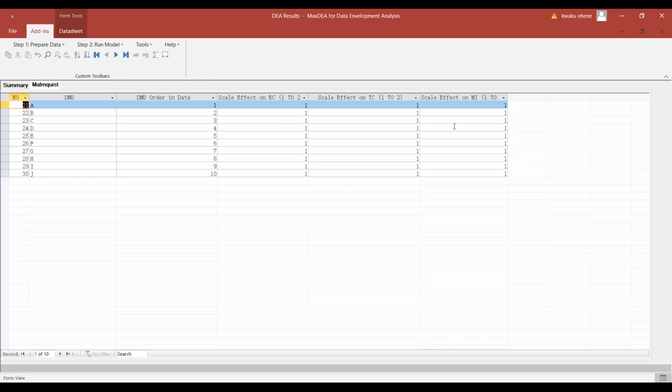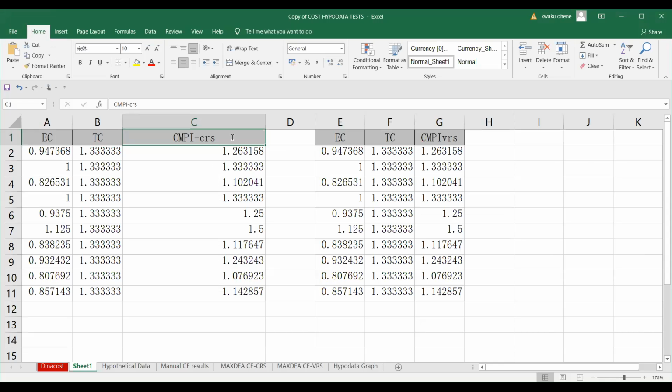So for me, what it's kind of telling me is that the majority of this data is located in kind of one section. That is just to justify why I had the CRS results to be the same.